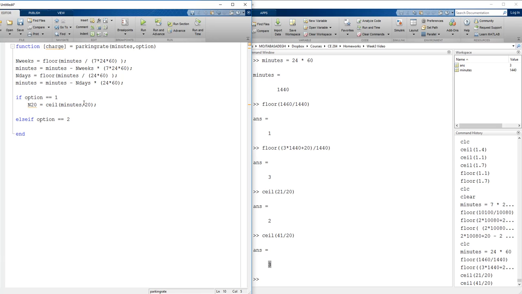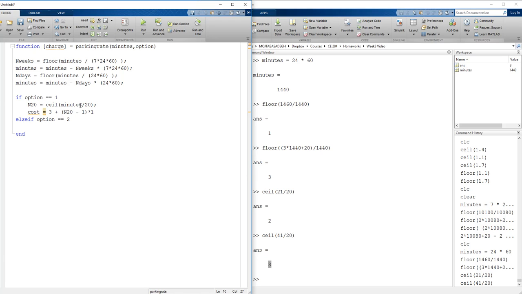Now, the total cost is basically what? Each first 20 minutes is $3. So that's basically 3 plus. So the first one is 3, and N20 minus 1 times 1 is each additional 20 minutes.